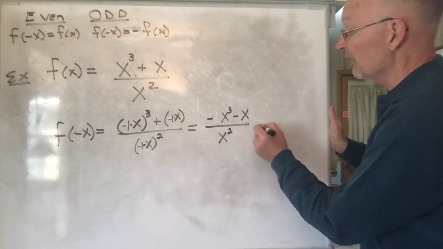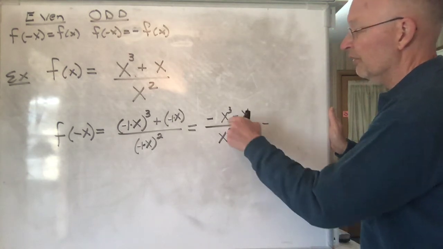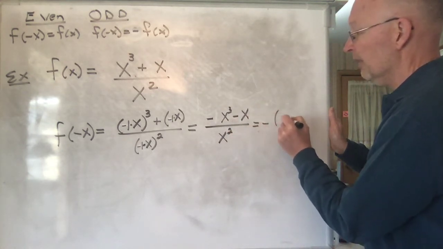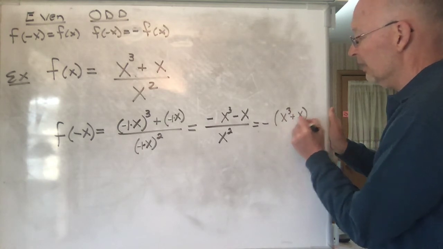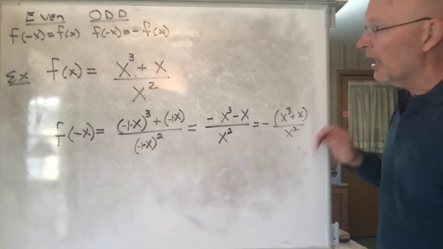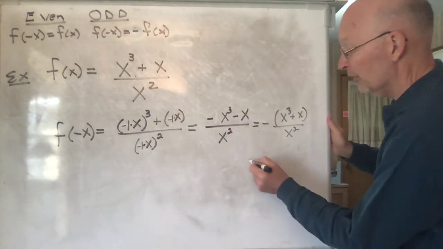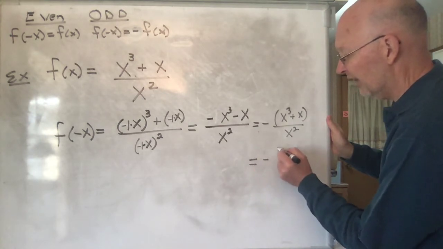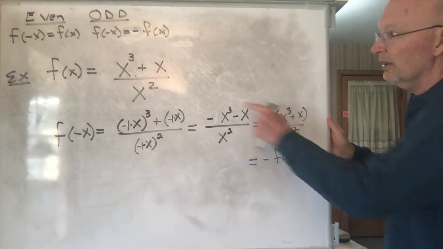And now notice that I can factor a negative 1 out of both of these terms up on top, and I'm left with x cubed plus x on top, and on the bottom I've still got my x squared, and I notice that's exactly what my original function was. So this is negative f of x. This right here is f of x.